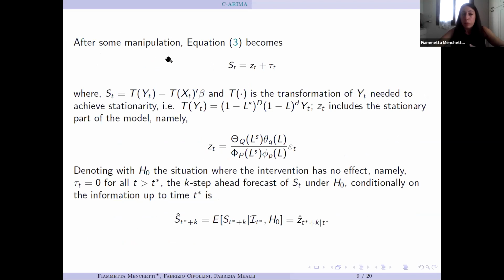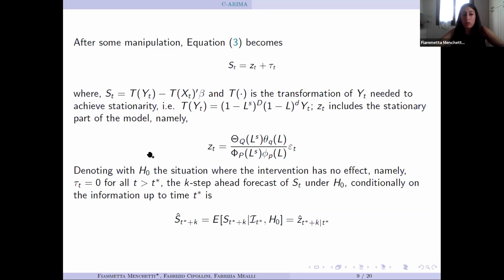After some manipulation, you can also rewrite equation 3 in this way, based on S_t, which is defined as a transformation of the outcome, where the transformation is the one needed to achieve stationarity. S_t is also the transformation of Y minus some covariates as well, in a way such that Z_t now includes only the stationary part of the model.